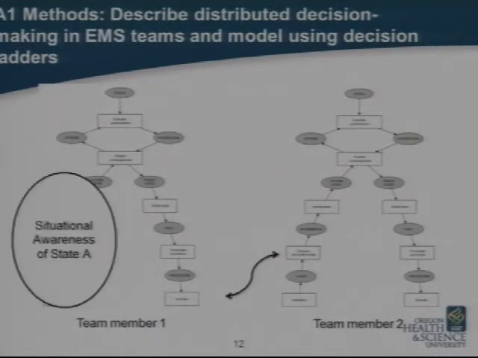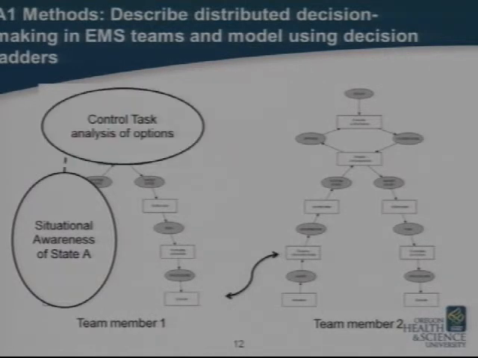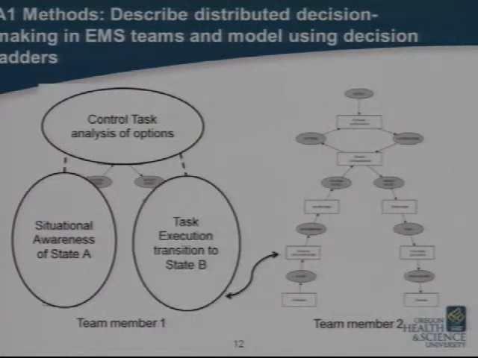This can be simplified, as I mentioned, into three basic components, which is situational awareness of the initial starting state, the analysis of the options for responding to that starting state, and the execution of the task to transition to a desired end state.